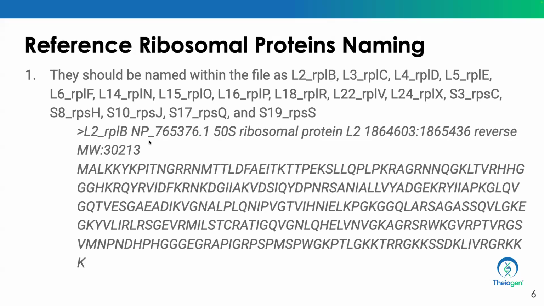It doesn't matter what you have after that, but it has to start in this manner. In some annotations, the nomenclature may be flipped, for example starting with LPLB underscore L2 instead. So that you don't have any problems with the workflow, it should be named in this manner.